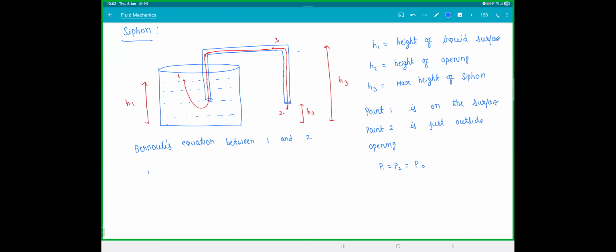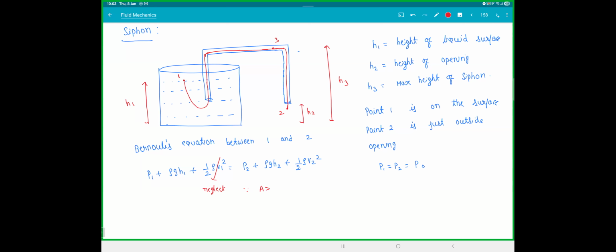So the equation would be P1 plus rho g h1 plus half rho v1 squared equals P2 plus rho g h2 plus half rho v2 squared. P1 and P2 will cancel, and we'll neglect half rho v1 squared because that area is big.